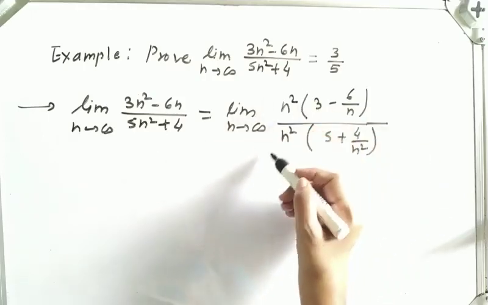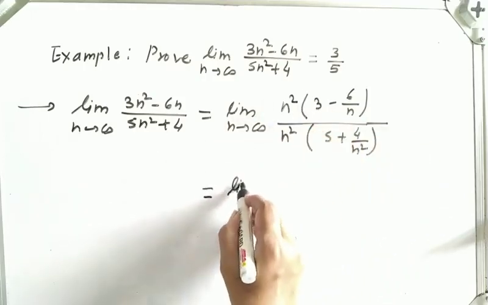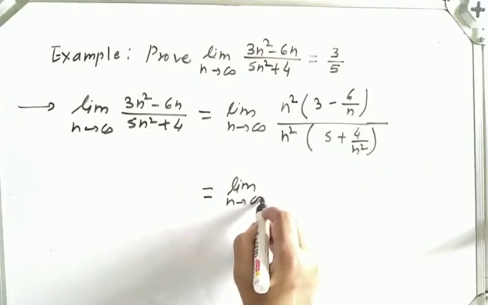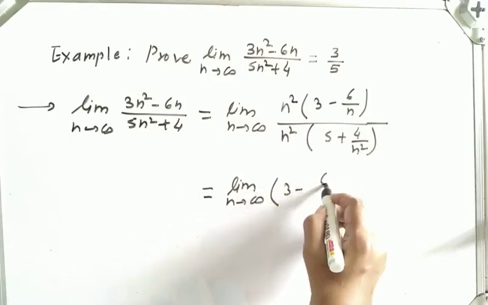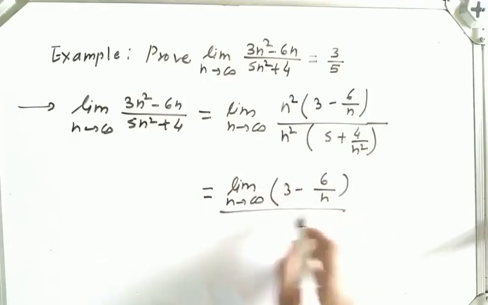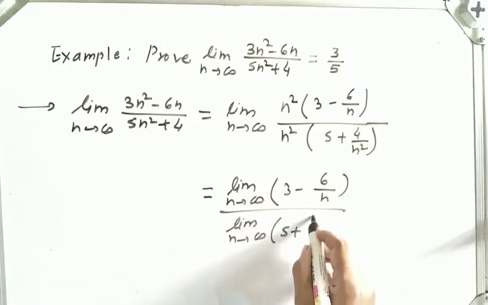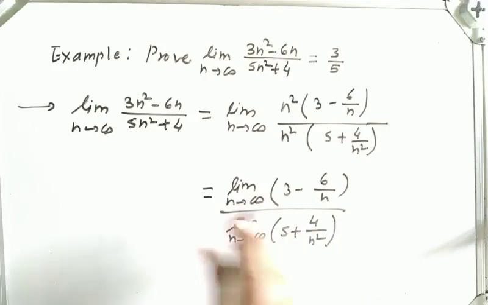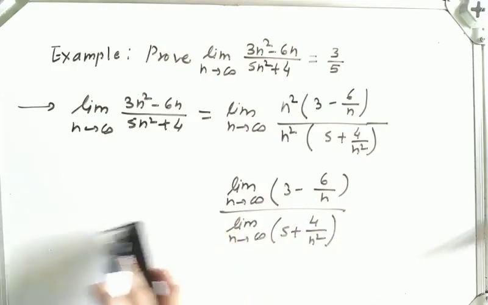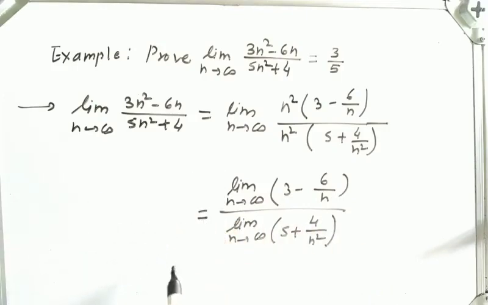So this n square will get cancelled. We get the limit as n tends to infinity of 3 minus 6 upon n, upon the limit as n tends to infinity of 5 plus 4 upon n square. Using the rules of limits, we apply the limit to each of these terms.